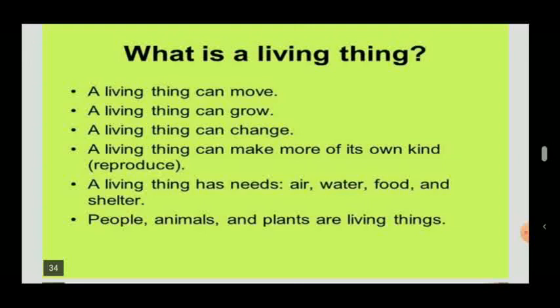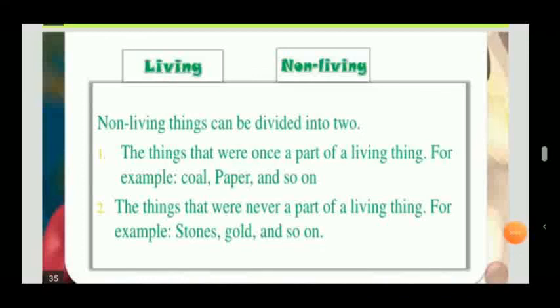People, animals and plants are living things. Non-living things can be divided into two parts. The things that were once a part of a living thing, for example coal, paper. Non-living things also come from living things.